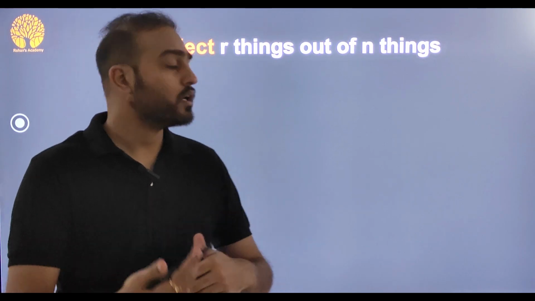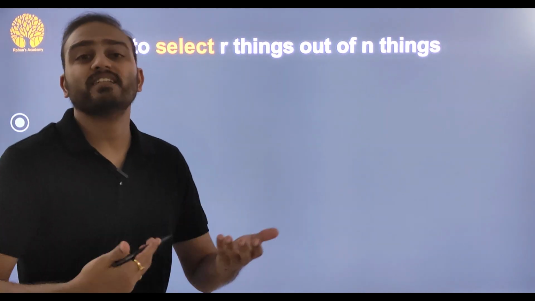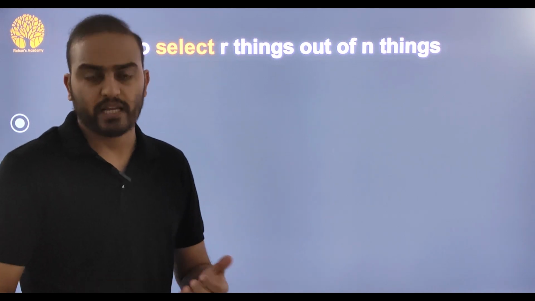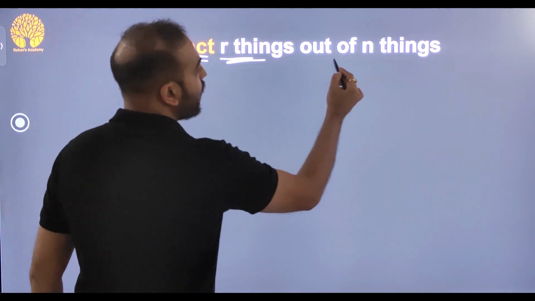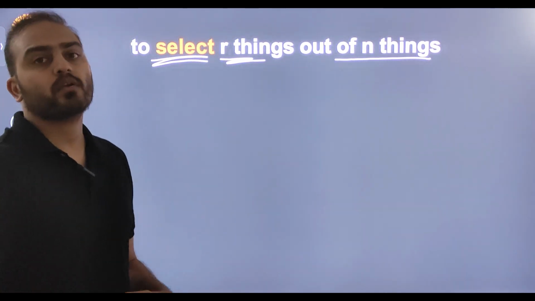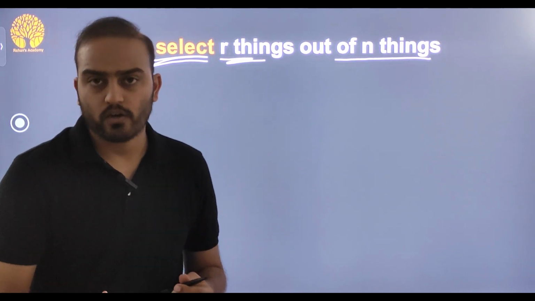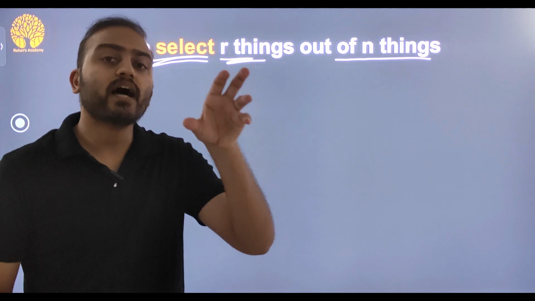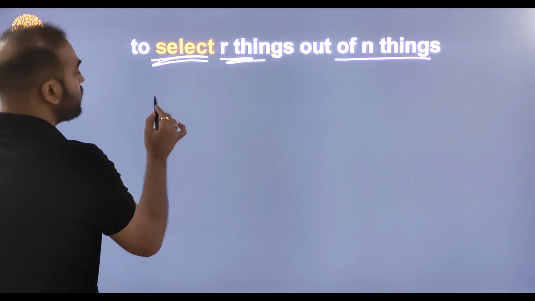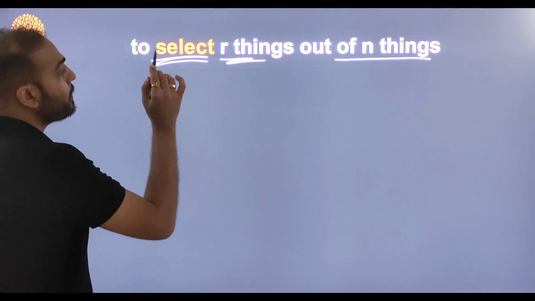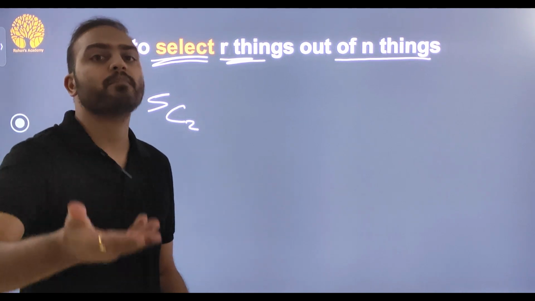So let's move to the question types. How do I select, or what is NCR? How do I solve it? What does it mean? If you want to select R things out of N, what does that mean? That I have total N things, N options with me, and out of those N options, I want to select only R. If you look at the previous example that we did, there were 5 students, but I wanted to select only 2, the top 2 performers, to give them the chocolate.